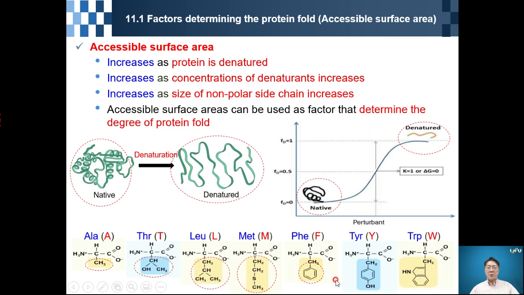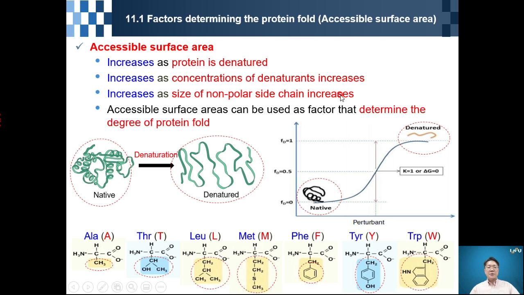Phenylalanine is also composed of a methyl and also a phenyl. Phenyl is composed of 6 carbons, so this size is larger than this one. Tyrosine is also larger than phenylalanine, and tryptophan is the largest amino acid. So you can find that the accessible surface area is increased as the size of the non-polar side chain is increased.